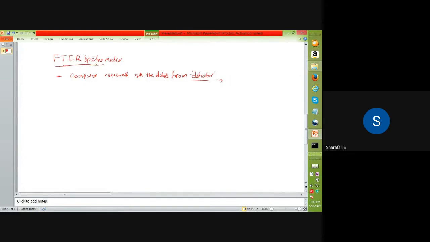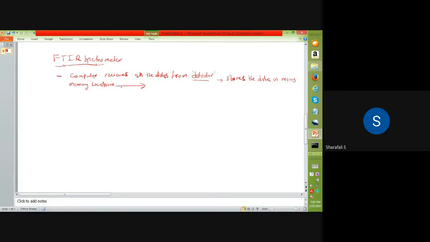The computer receives the data from the detector and stores the data in many memory locations. And what is this data? This data will be in the time domain, because we are sending all the signals, and it is varying with respect to time.